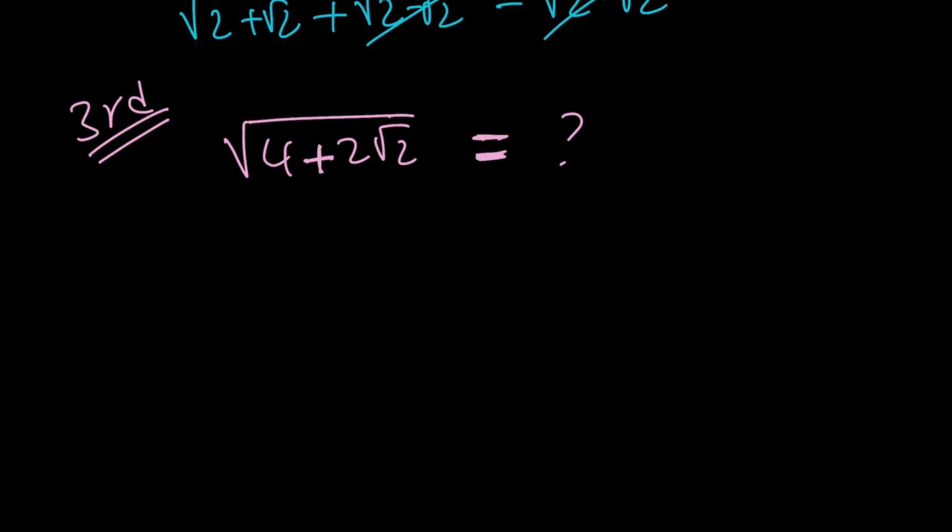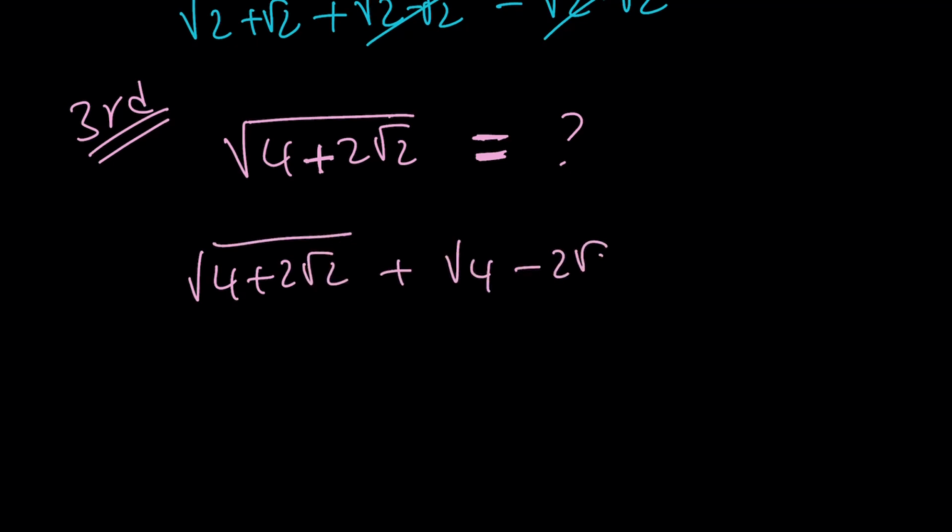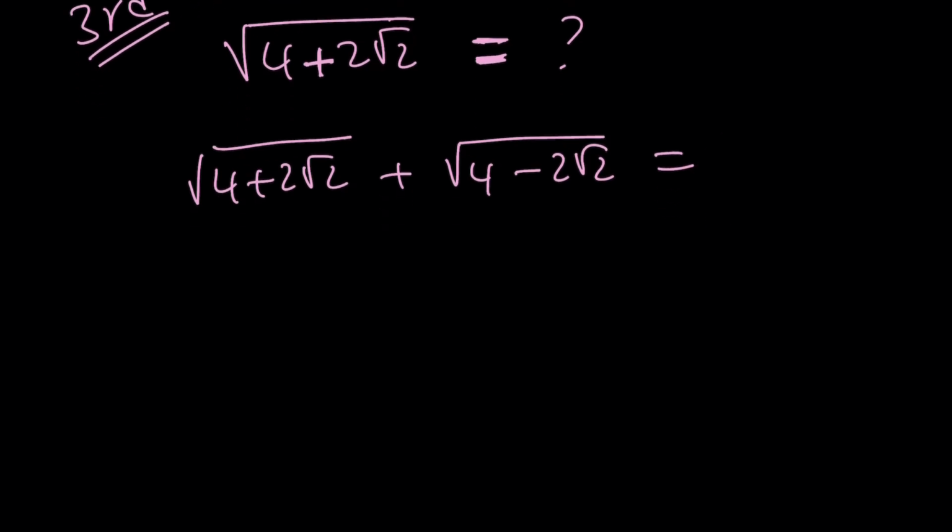So how does that work? The idea is you pair this up with its conjugate and call this x, and then you square both sides and find x. Let's not call that x because we already used x and t. Let's call this y, and then we're going to go ahead and square both sides.